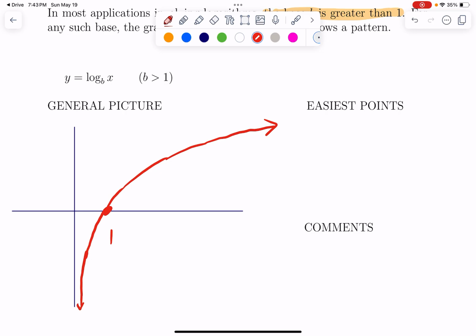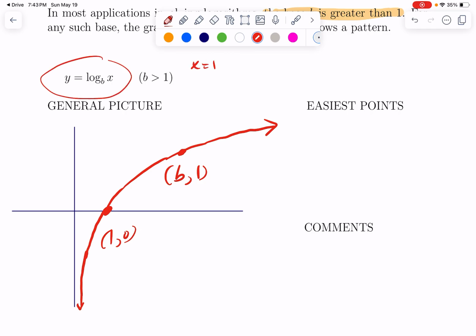One really easy point on this graph will be (1, 0), regardless of what the base is. Another really easy one would be (b, 1). Right? So just plugging into this formula, if x equals 1, we have y equals the log base b of 1, which is 0. If x equals b, we have y equals the log base b of b, which is 1. So those are our easiest points.